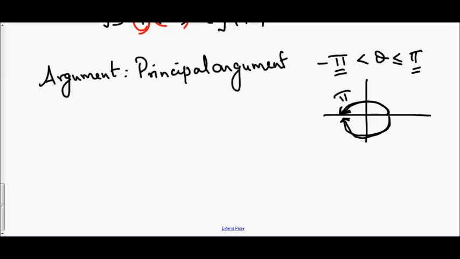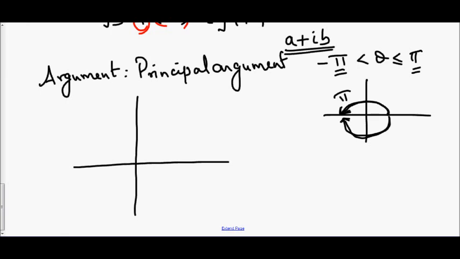And how do you get these angles? I told you a complex number is just a point on the coordinate axis. So if you have a plus ib as your complex number, and a and b are both positive, then your complex number is in this quadrant. If a is negative and b is positive, then your complex number would be in this quadrant.